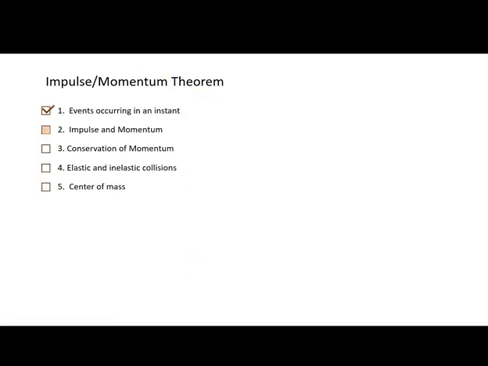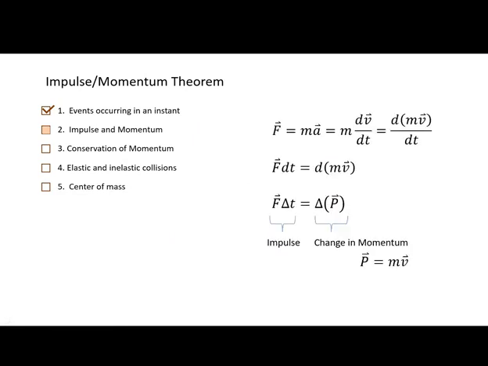Now, next we look at impulse and momentum. So, starting with the force law, if we write the acceleration as the time rate of change of velocity and multiply both sides by a time element dt, on the left we get Newton seconds, we get what we'll call impulse. And on the right side, we'll bring mass in with velocity and say that we have a differential change in mass times velocity, and we'll call mass times velocity momentum.